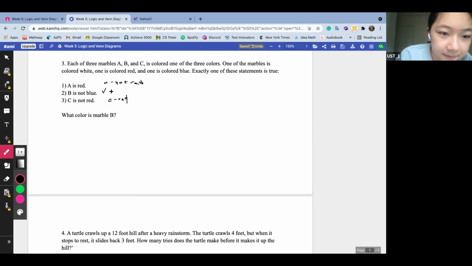But that also means that B is blue. So the colors will be white, blue, and red. We only need to find B. Sorry, I messed up. I said B is blue, but B is not blue.